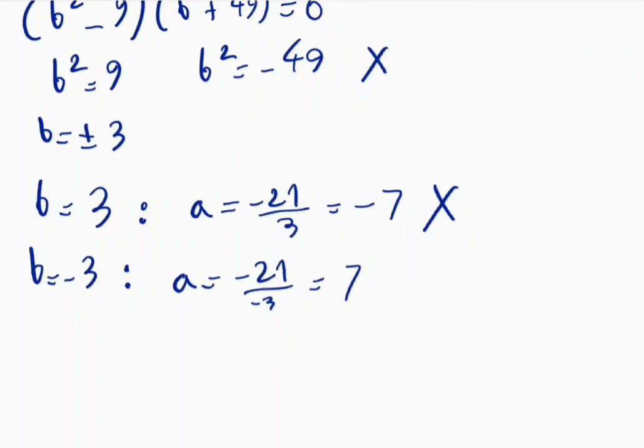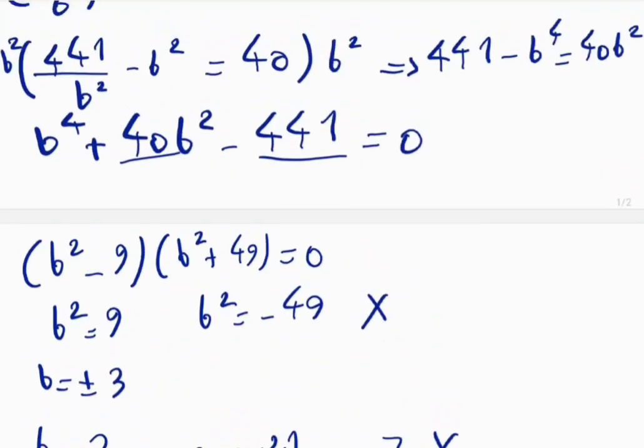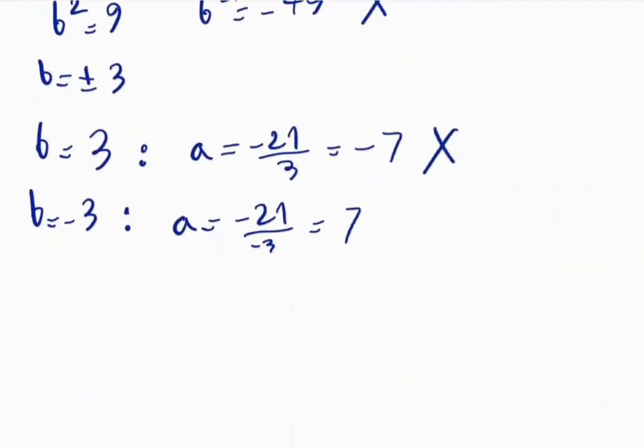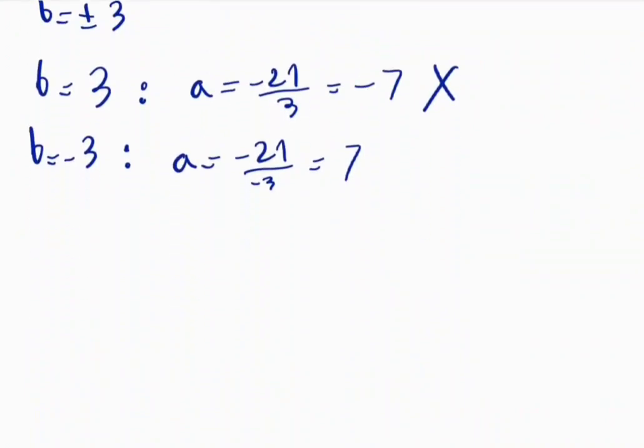Here we should be careful, because this value of b that we chose satisfies the condition, because the final goal is to have an answer in the form a minus bi, and this is exactly what we want, because we are going to have 7 minus 3i, right?